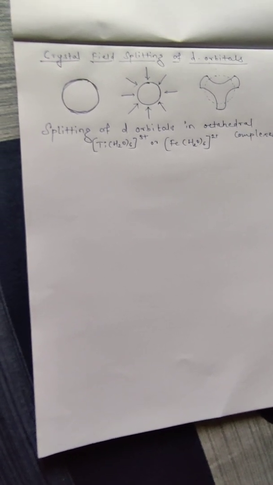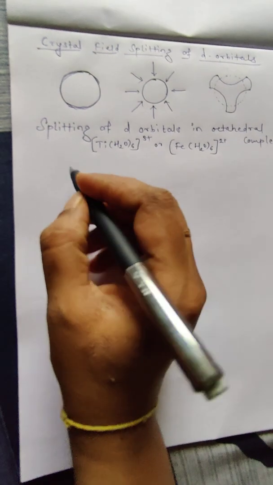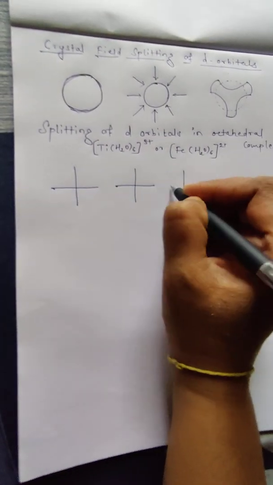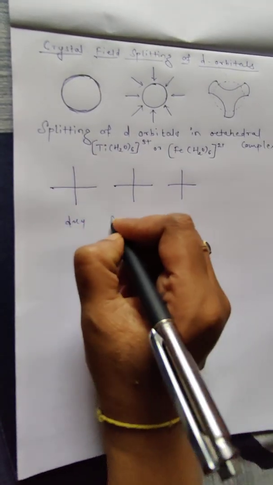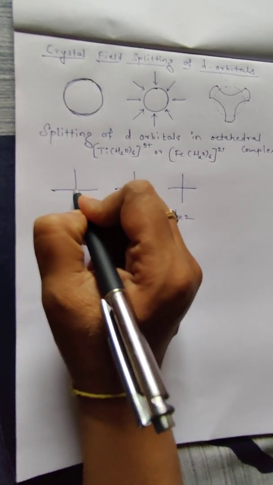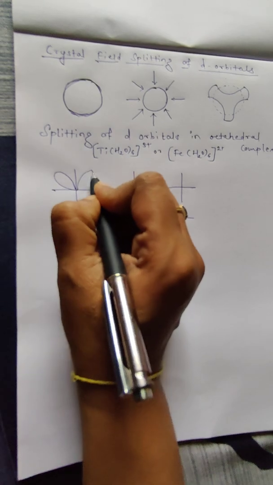Before that, once again I wanted to remind you that we are having 5 d orbitals, and out of the 5 d orbitals, dxy, dyz and dxz are the orbitals whose lobes are there in between axes.